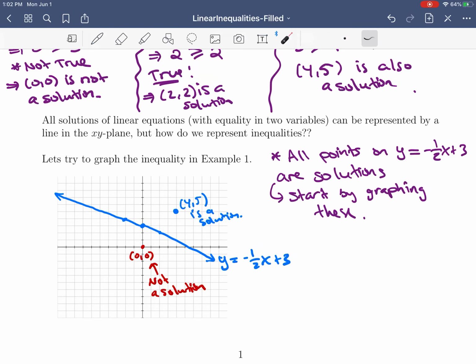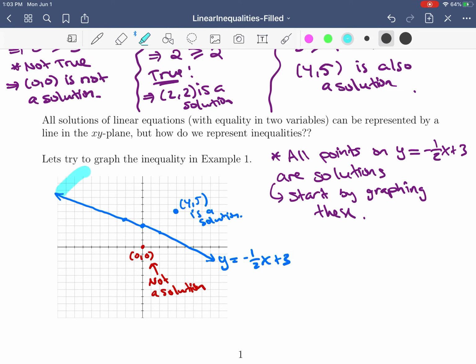So it turns out that this line here, where the inequality is equal, splits the plane into 2 halves. So you have above the line or below the line here. And on one side are all the solutions, and on the other side are all the non-solutions.